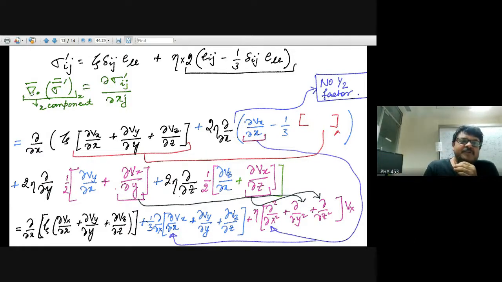So what we are trying to do is divergence of sigma dash, the double lines is because it's a tensor. It's just writing down the x component, divergence in the x direction. So we're just writing down the vector sign in the x direction, taking the x component of this, and so this is sitting here, this, and one term from here sits here.